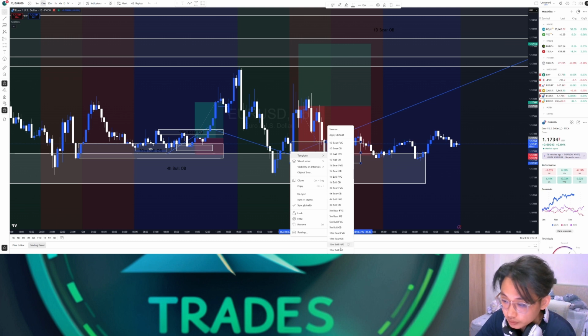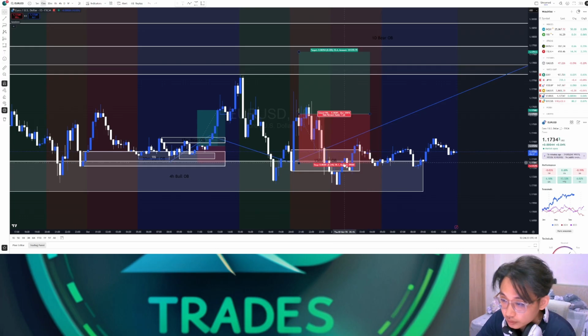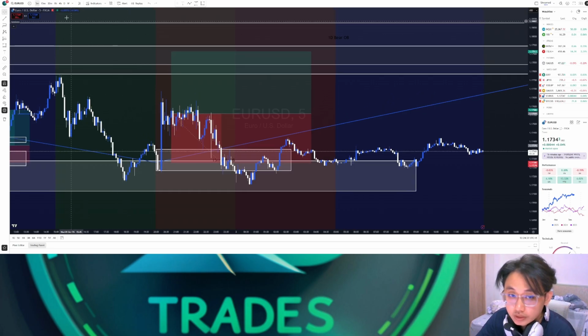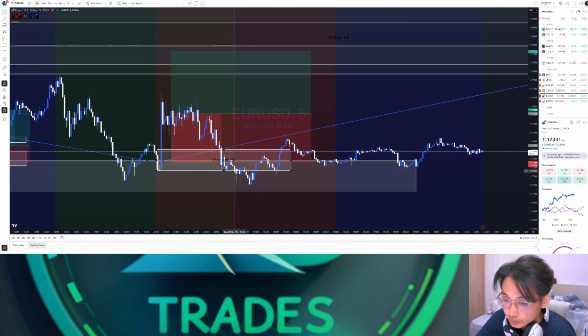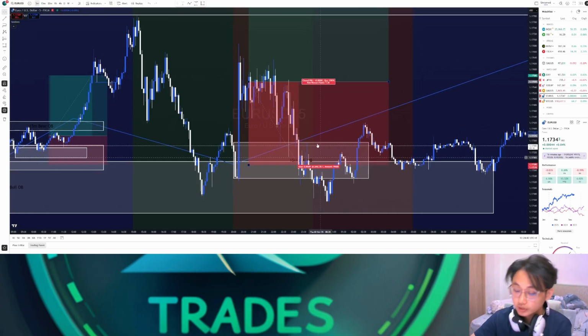If you follow the plan, it will be to the OB, and we will enter from here. But as you can see, can we really enter? Did the price retrace to our level? Not so, because we must create a bullish fair value gap to the upside, as mentioned.